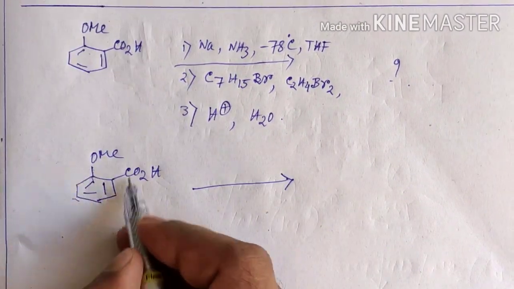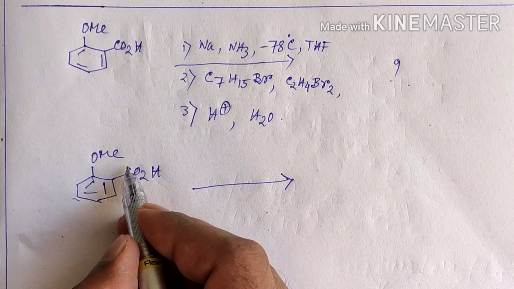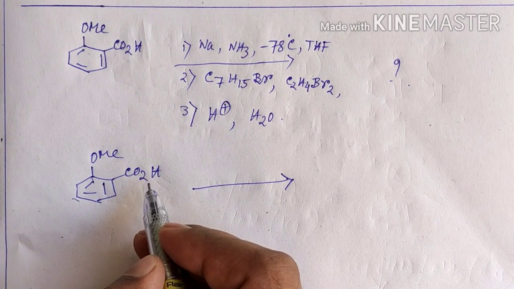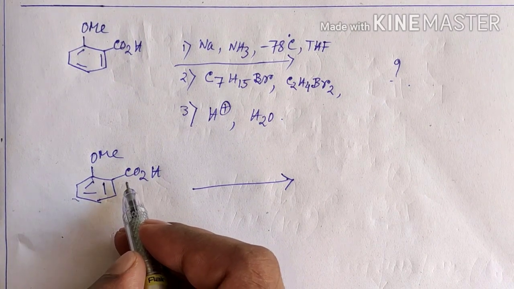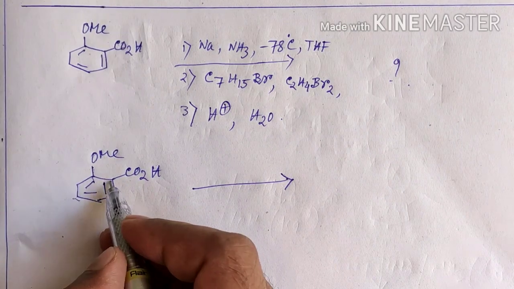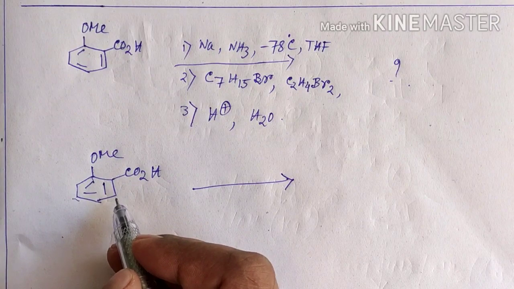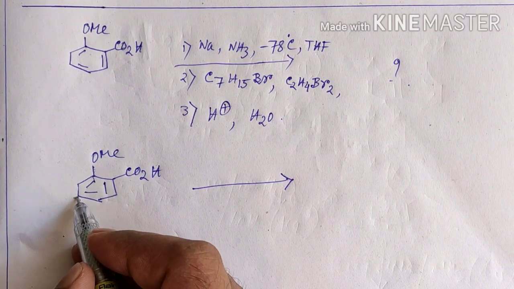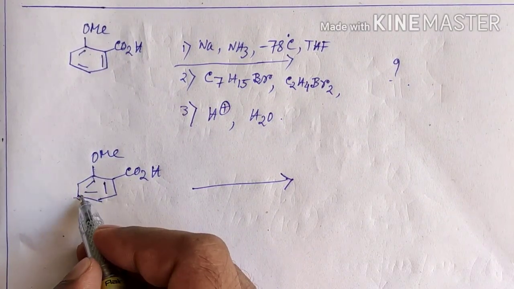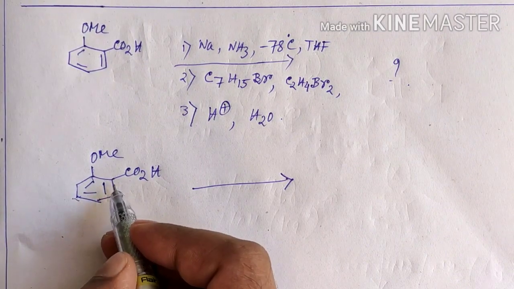As we can see, there are two directing groups. This CO2H directing group will orient the electron to form the radical anion in 1,4 position, and this OMe group will also direct the electron to attack at the meta position to it and form the 1,4 radical anion.